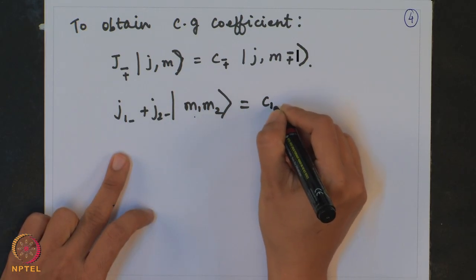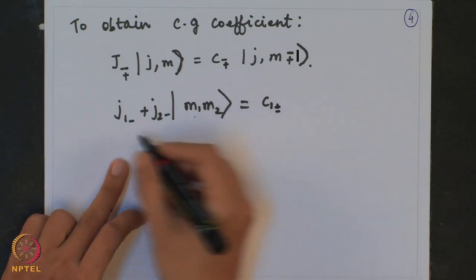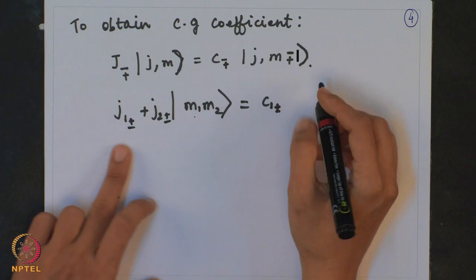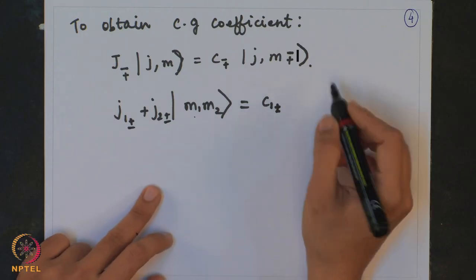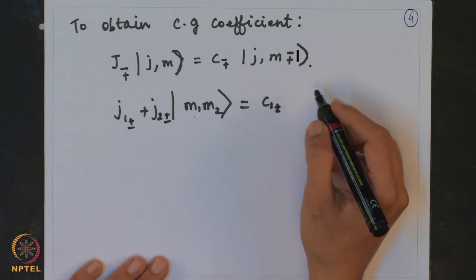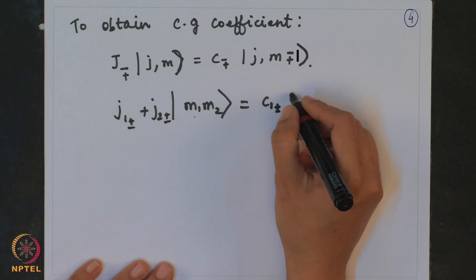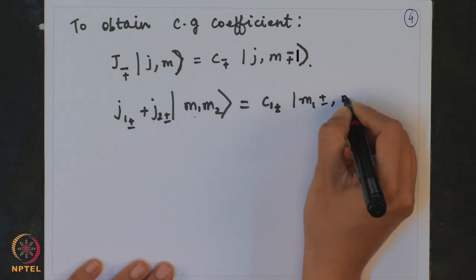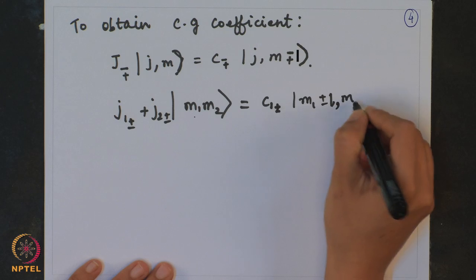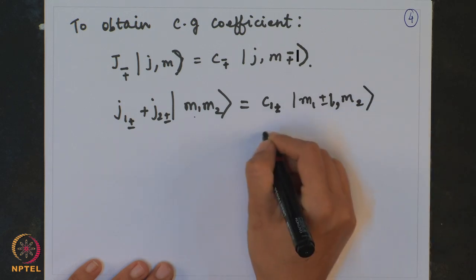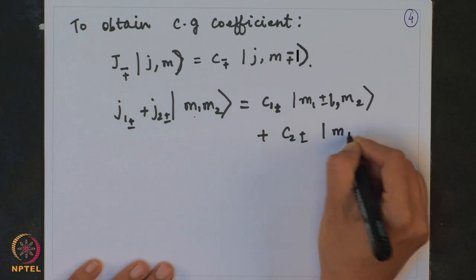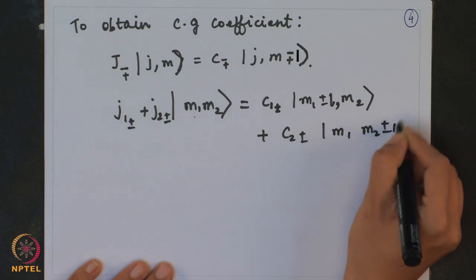So, I will have C1 plus minus, the same for plus and minus components. This we will be using, and I will show you one example and then the remaining you can fill up the gaps. So, C1 will give me M1 plus minus comma M2 plus C2 times M1 comma M2 plus minus.